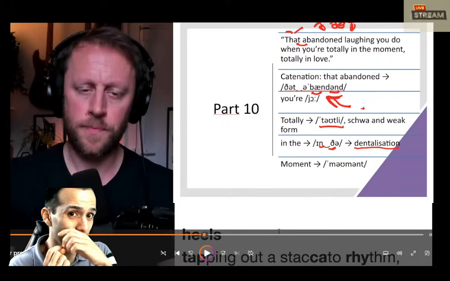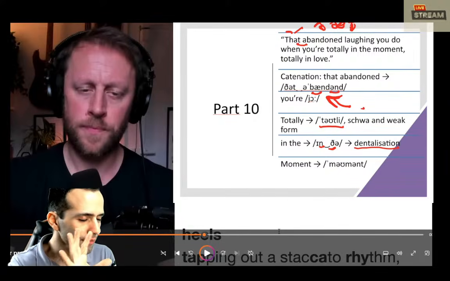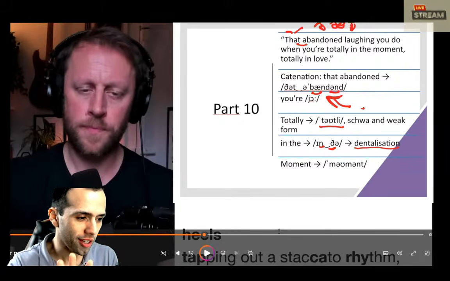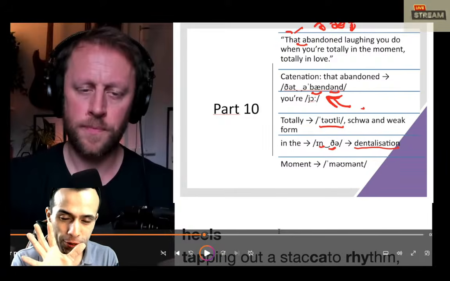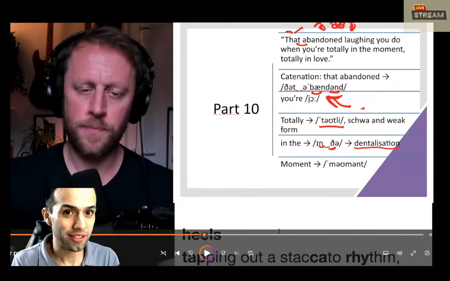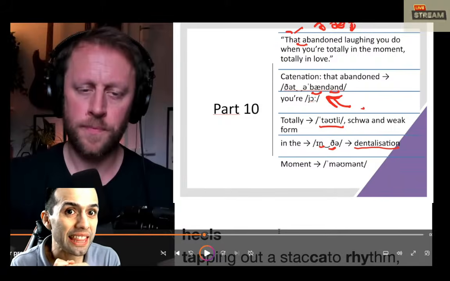Sorry, I'm a bit too tired at this stage. That's a dental consonant, sorry. That's what I meant to say. Dental consonant, okay? We produce the consonant only with the tongue and the upper front teeth.